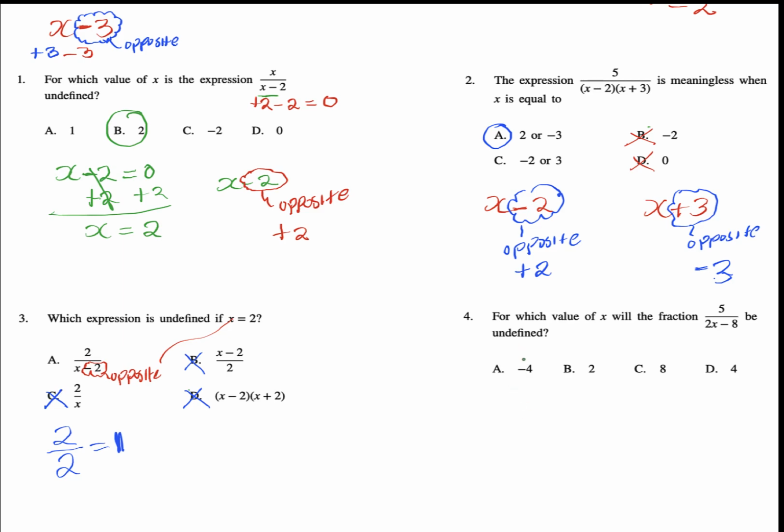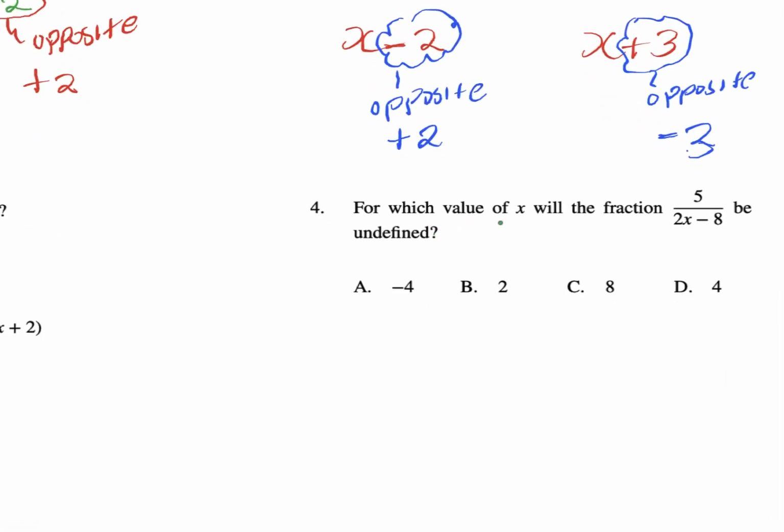Let's look at number 4. It says, for which value of x will the fraction 5 over 2x minus 8 be undefined? So notice this is not a 1x, this is a 2x minus 8. So with this being 2x minus 8, you're going to have to solve. And this is a two-step linear equation.